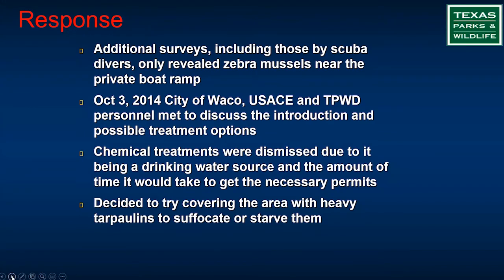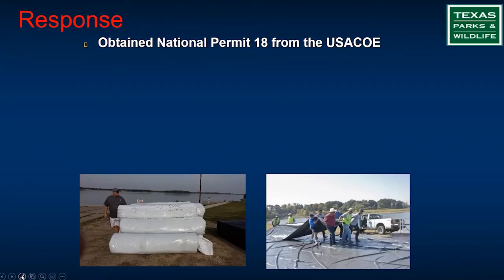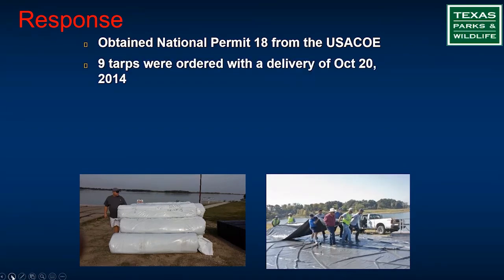So we were going to be able to put these tarps out and get good coverage without them getting torn up. All of the partners had something to do. The Corps of Engineers cleared the way by getting the permits that we needed. The city, which was not bound by lowest bid and all these other issues, was able to order the tarps pronto.